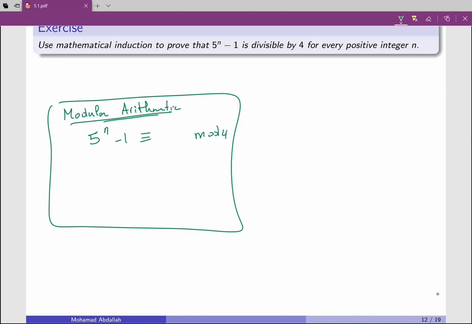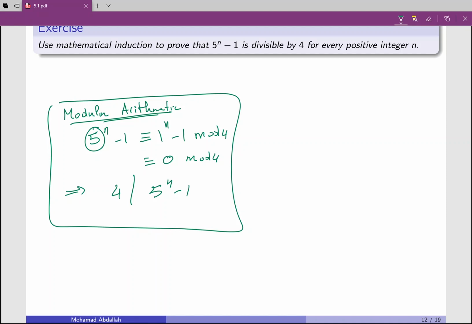Well, if I reduce 5 mod 4, that's going to be 1 to the power n, and this is going to be minus 1. So this is congruent to 0 mod 4, and I'm done, because any number congruent to 0 mod 4 is divisible by 4. So that means that 4 divides 5 to the n minus 1, and this is done.